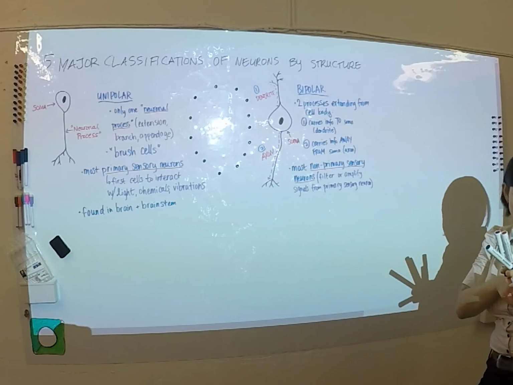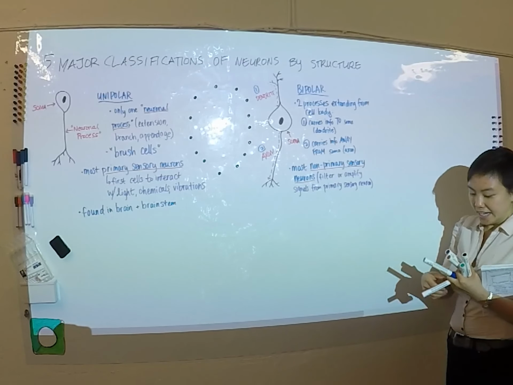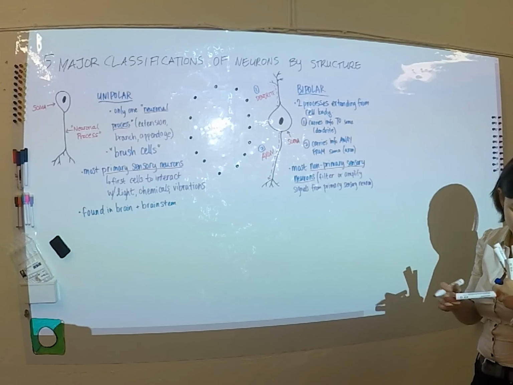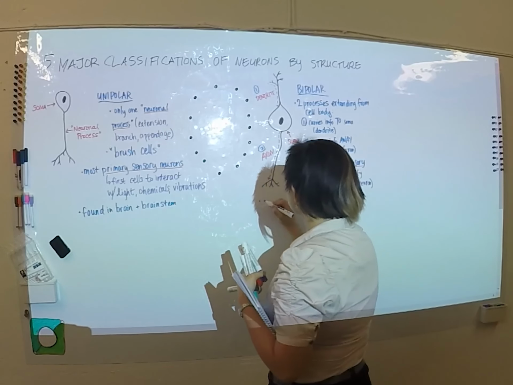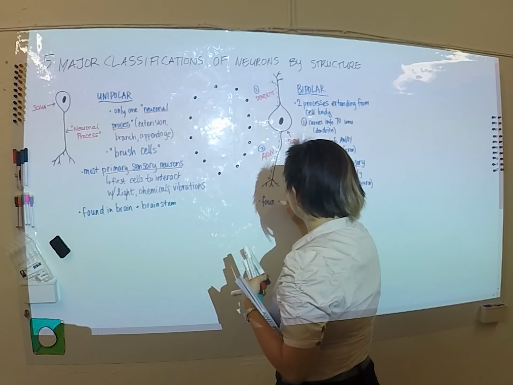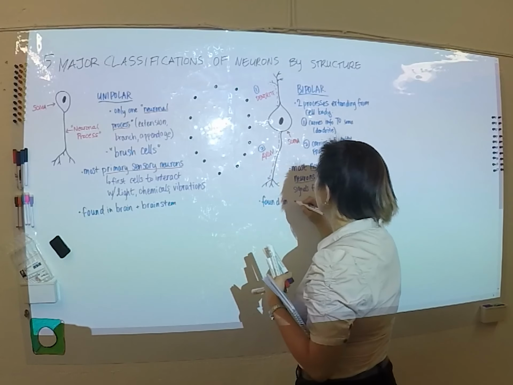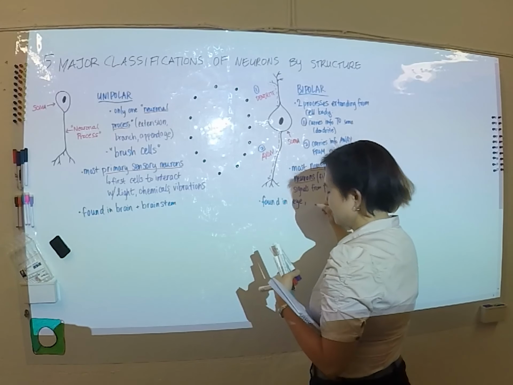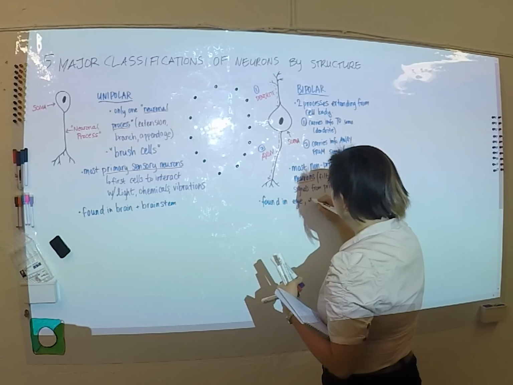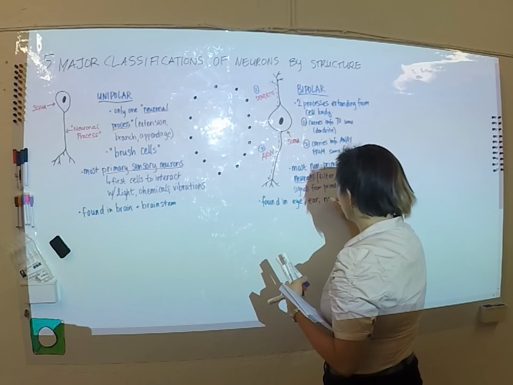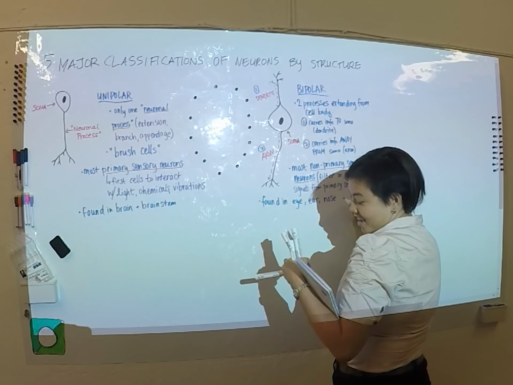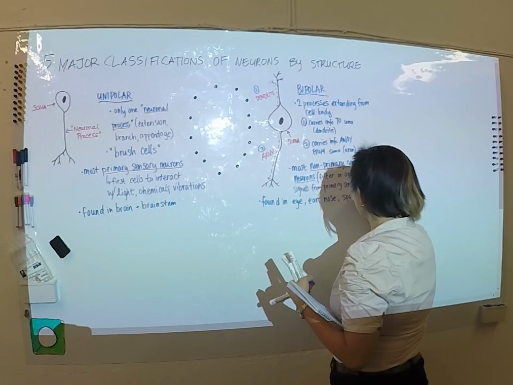Okay. All right. And in humans, they're typically found in the eye, the ear, the nose, and the spine.